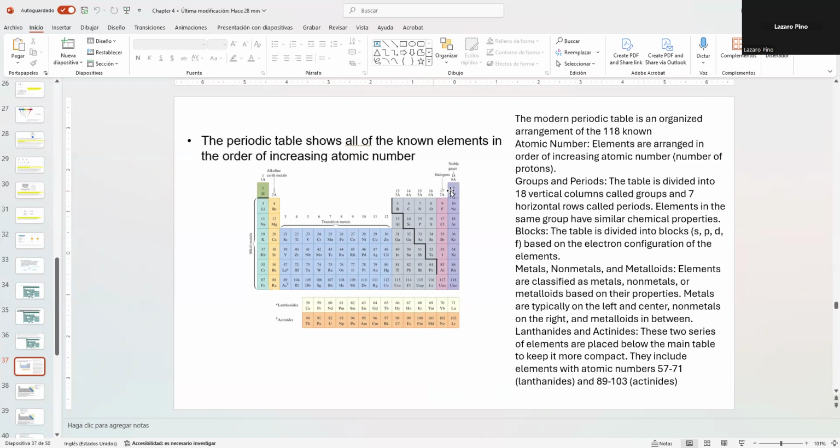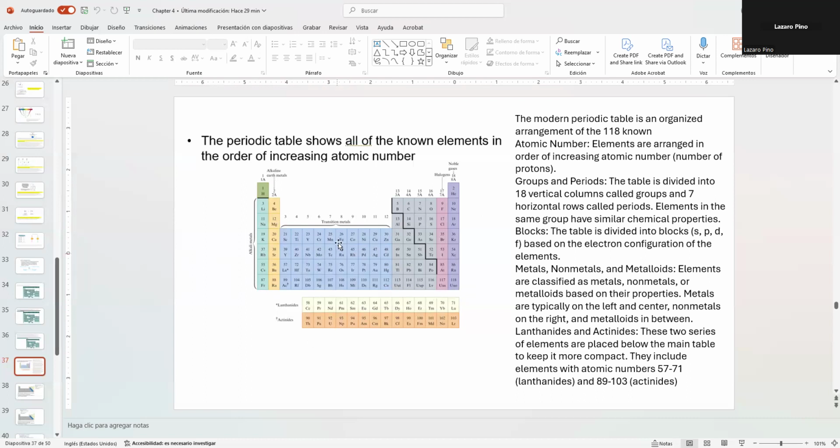Then the increasing order of the atomic number is what we use in order to rearrange all the atoms. The groups are the columns the same way, and the periods are the rows. As you can see, we have 18 groups and 7 periods.